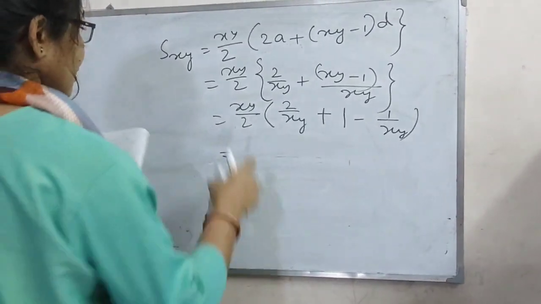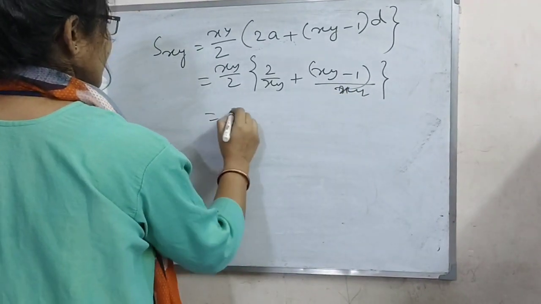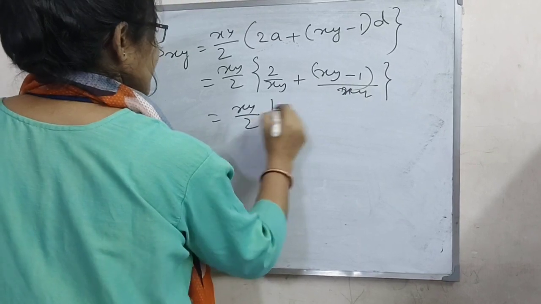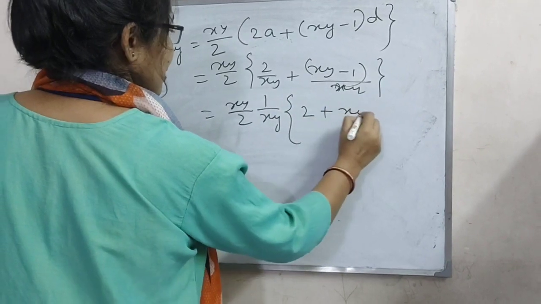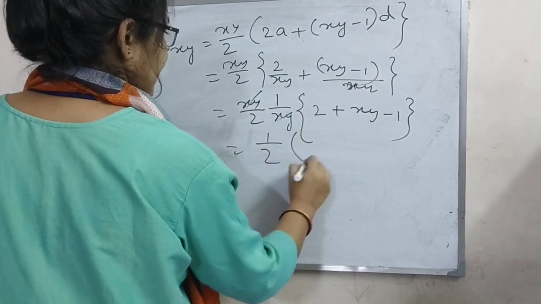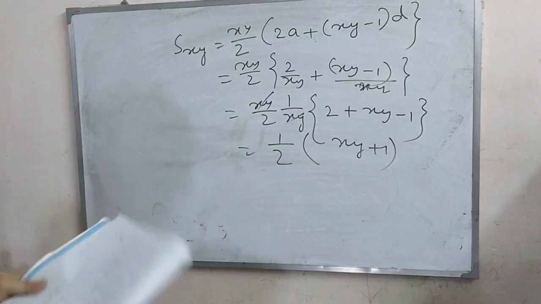We can write it in this way: xy by 2, with 1 by xy taken common, into 2 plus xy minus 1. This is half xy plus 1. This is the answer.